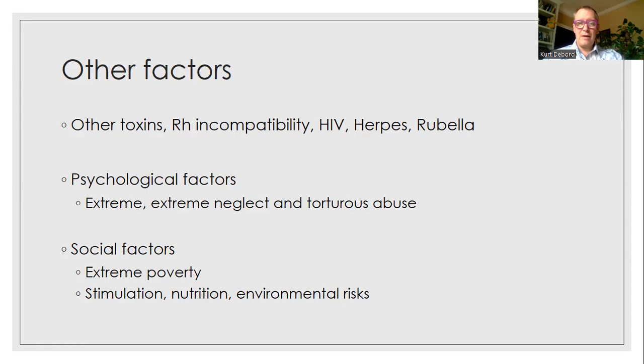Also, Rh is a protein on the red blood cells. If the mom and dad have one dominant and one recessive, and the mom is Rh negative, and then she's giving birth to a child that is Rh positive, once her blood is exposed to the Rh positive protein in the red blood cells, her body will start to create antibodies to that Rh positive.